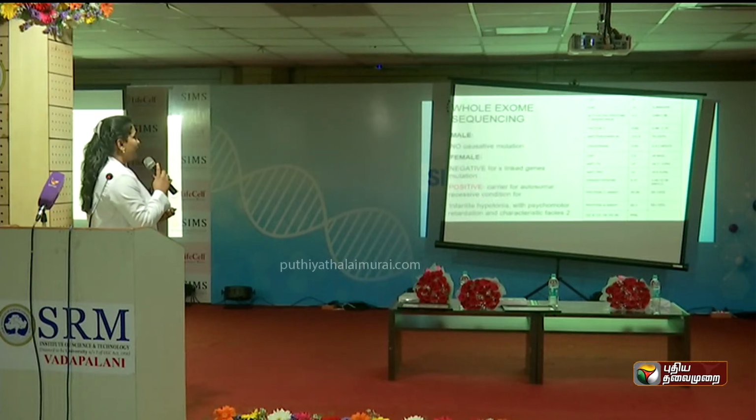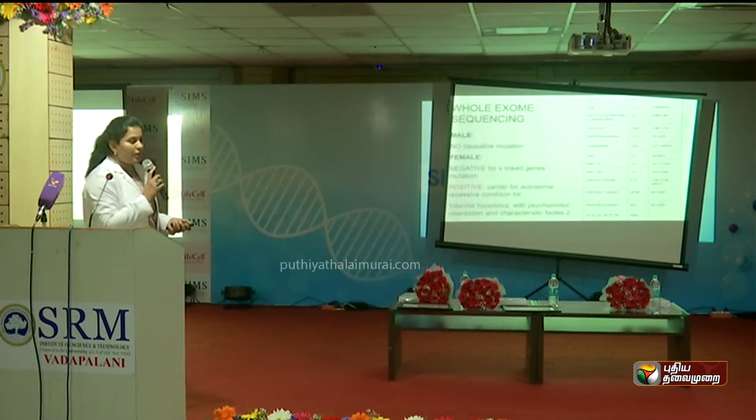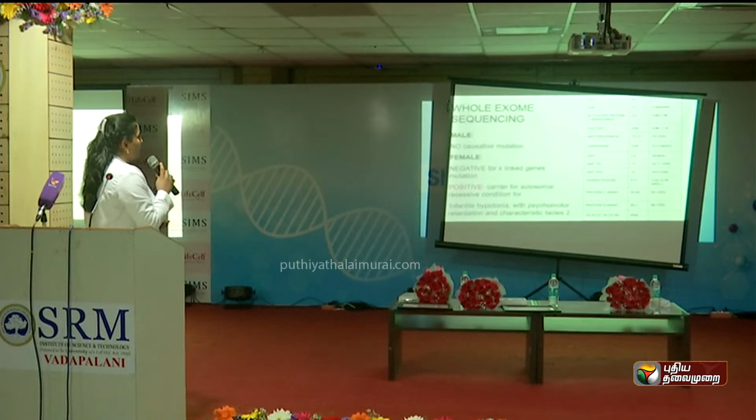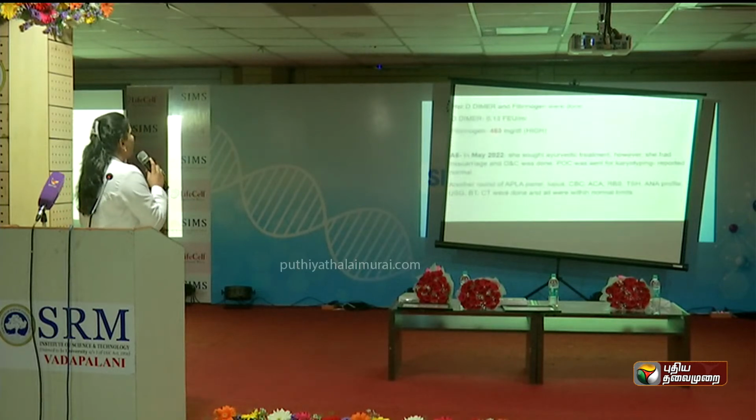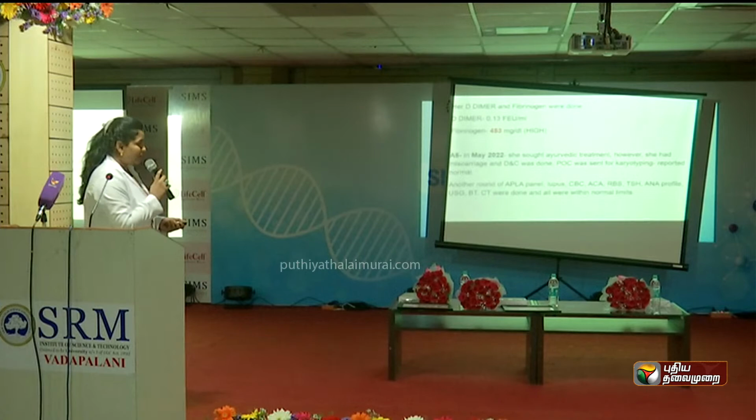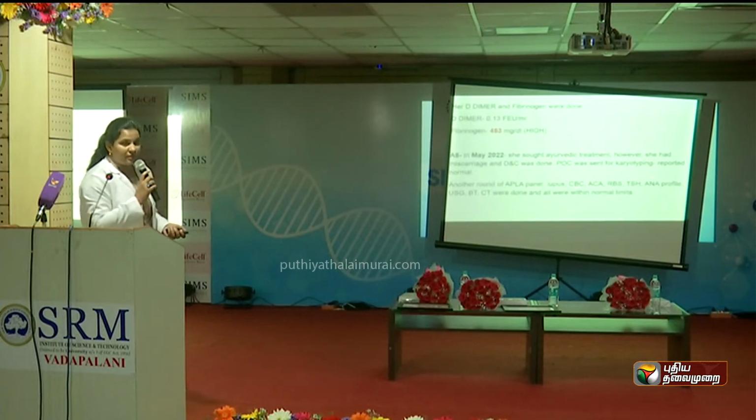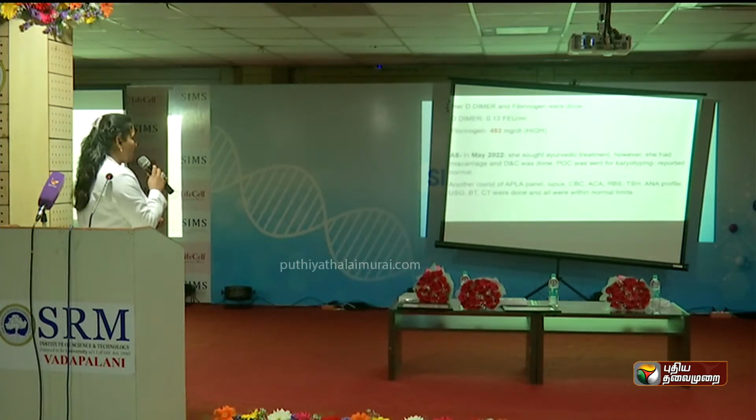She was found to be a carrier for an autosomal recessive condition called infantile hypotonia with psychomotor retardation and characteristic facies 2. Along with that, another panel of investigations was done, including CD19 and CD56, and all was within normal limits. Her D-dimer and fibrinogen were done. Fibrinogen was around 453, which is high. When she conceived again, she sought Ayurvedic treatment this time, and again ended up having a miscarriage. The products were sent again and reported to be normal.